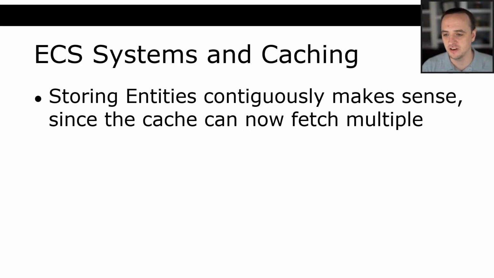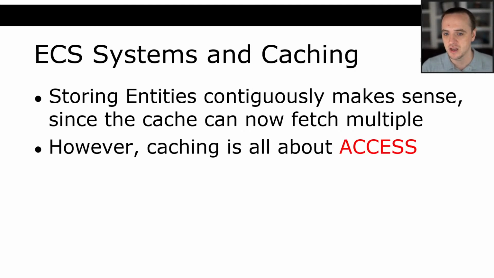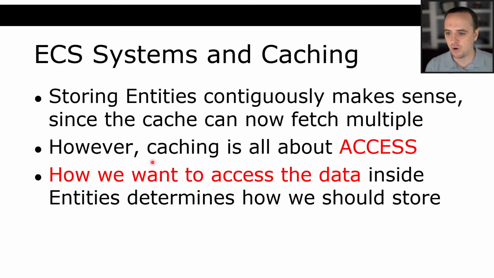Storing entities contiguously makes sense, right? It intuitively initially makes sense because now the cache may have multiple entities in it. However, cache coherency is all about access. How we access the data inside our entities determines how we should store our data.